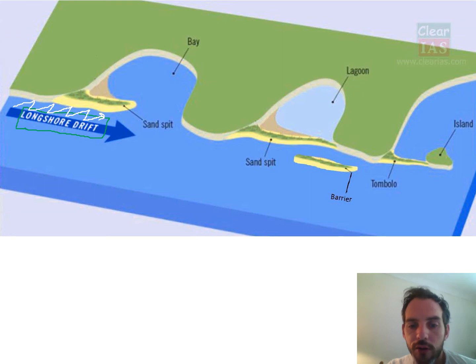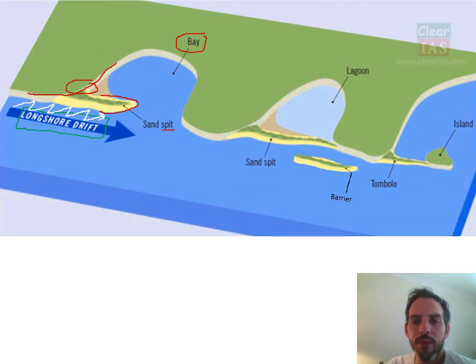When the coastline changes direction at a bay, so here's where it starts to change direction like that, we found sand was deposited out across the bay to form a sand spit.